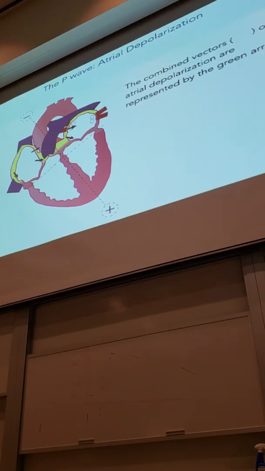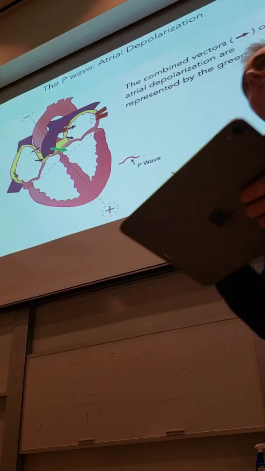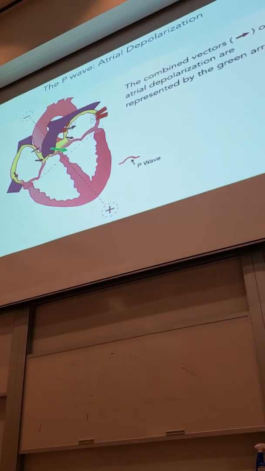So these are all little tiny vectors. Sorry. So all of these little black arrows represent the little vectors of movement, or in other words, the main paths of action potentials through the atrium.